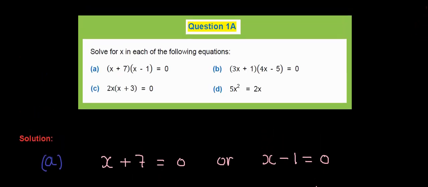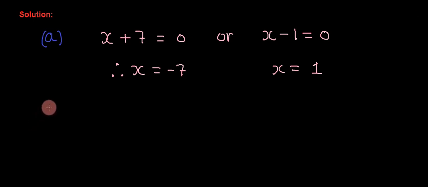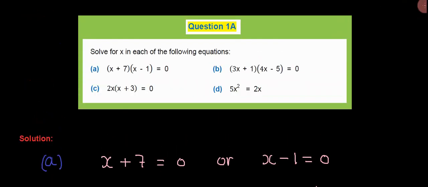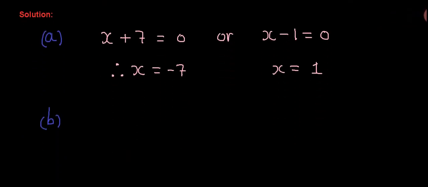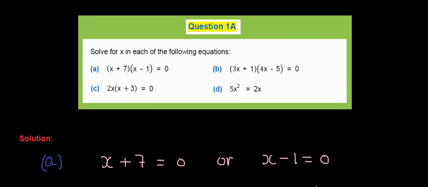Let's look at B. We have (3x + 1)(4x - 5) = 0. Once again, using the zero product rule, 3x + 1 must be 0, or 4x - 5 must be 0.